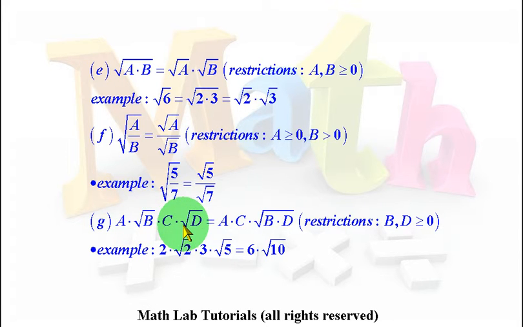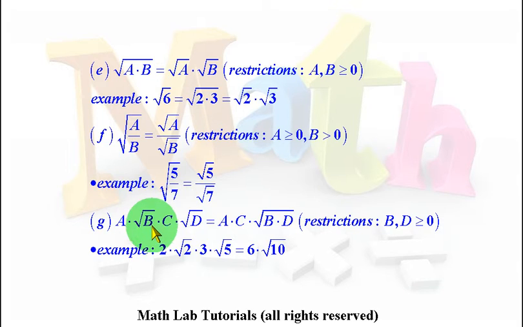When you multiply mixed radicals together, you multiply the good guys together, in other words, the mother with the mother, and you multiply the son and the daughter together. So you multiply the good guys together, a times c, and you multiply the bad guys together, b times d. So it's a times c, square root of b times d.